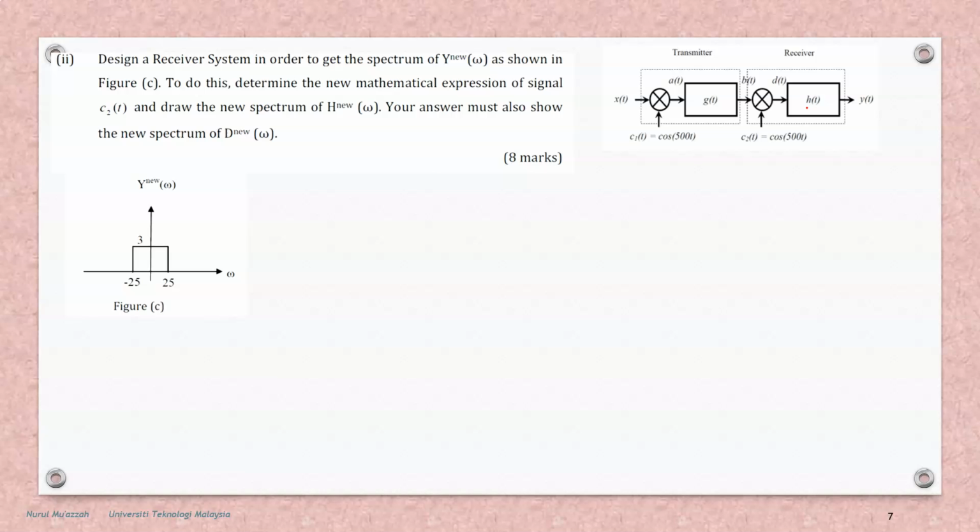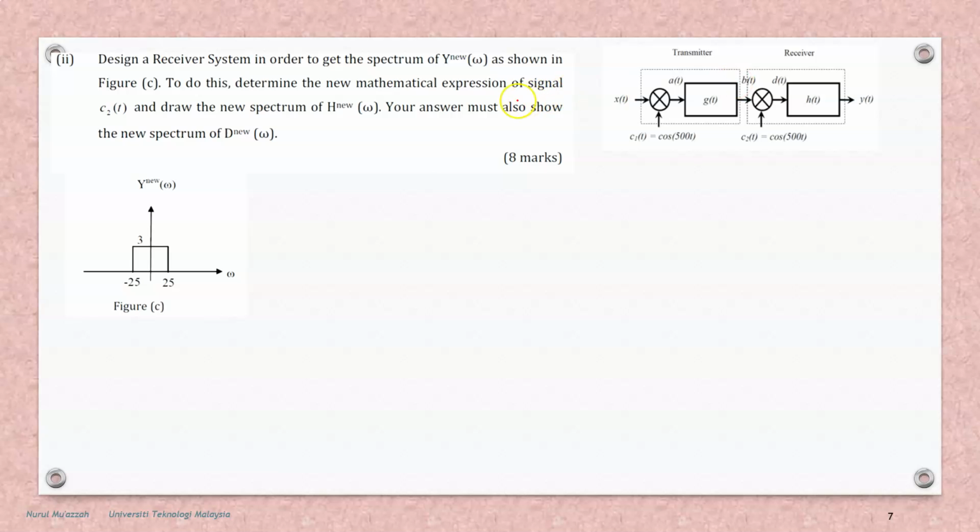We need to know what that new filter is to replace the original h(t). The spectrum of this new filter is called H(ω). And your answer must also show the new spectrum of D(ω), the output from the demodulation process, which is d(t).